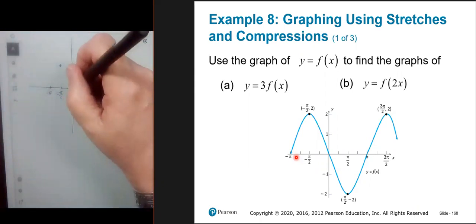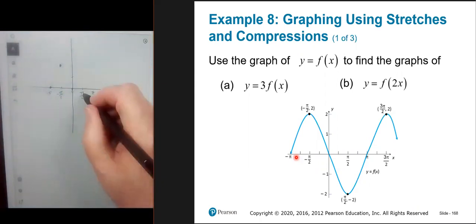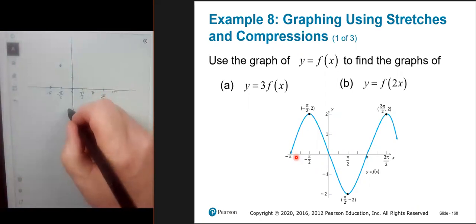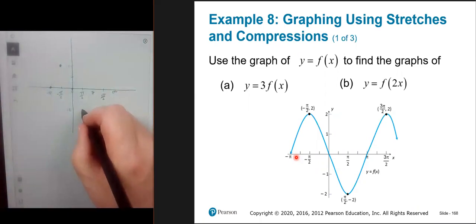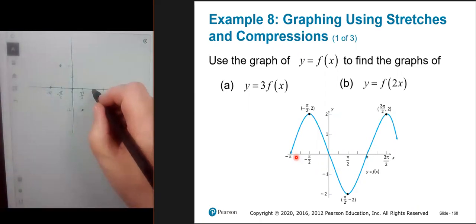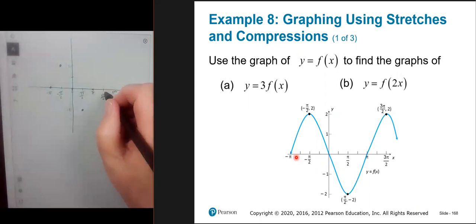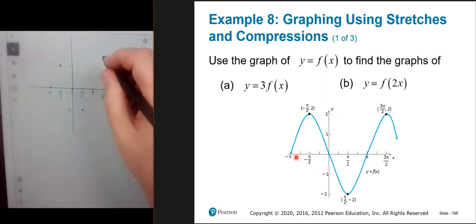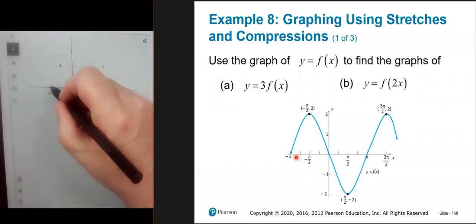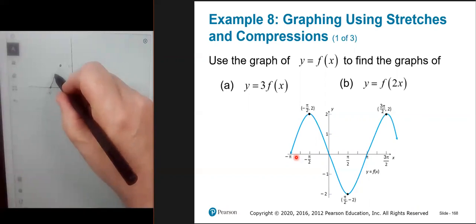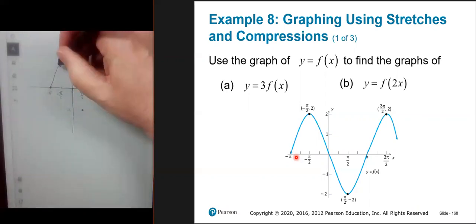And at 0, it's 0. At -pi/2, it's at -2. So 1, 2, -2 down here. And at pi, it's back to 0. And at 3pi/2, it's back up to +2. And then at 2pi, it'll be back to 0. And so the graph goes something like this.